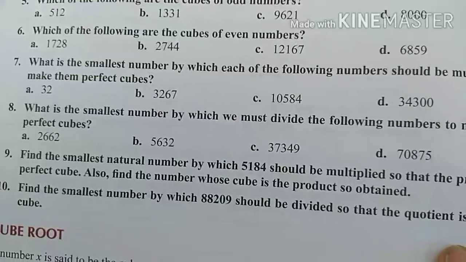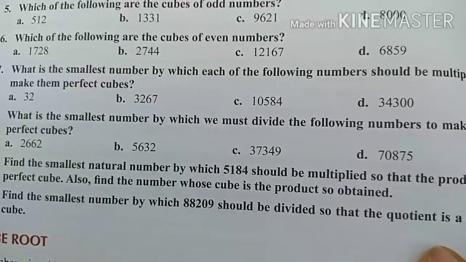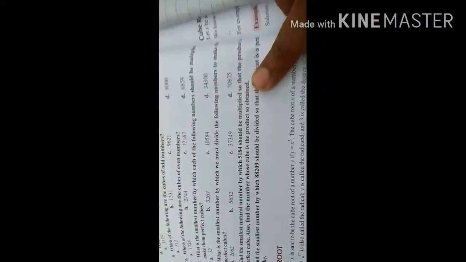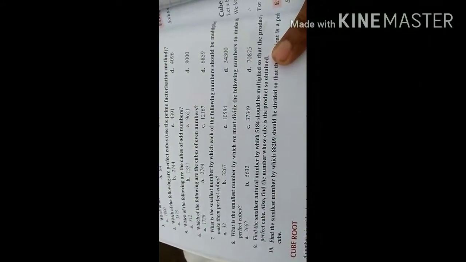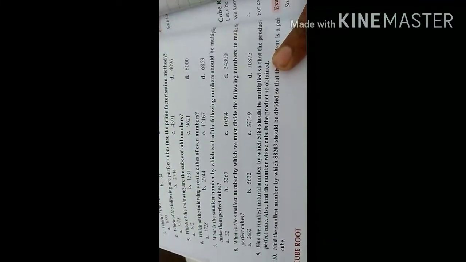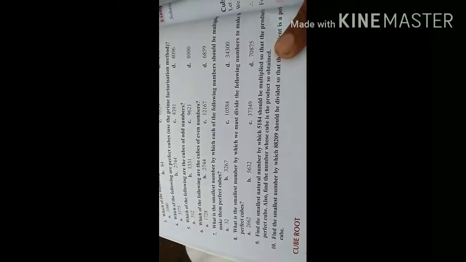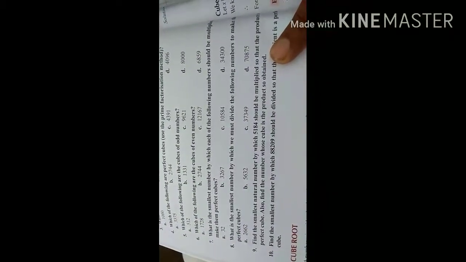Also find the number whose cube is the product so obtained. Look here, it is the same as question number 7, where the number is going to be multiplied. In question number 9 there is one difference: we also have to find the number whose cube is the product so obtained.